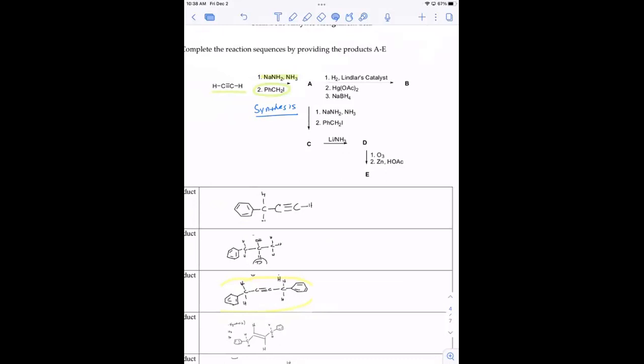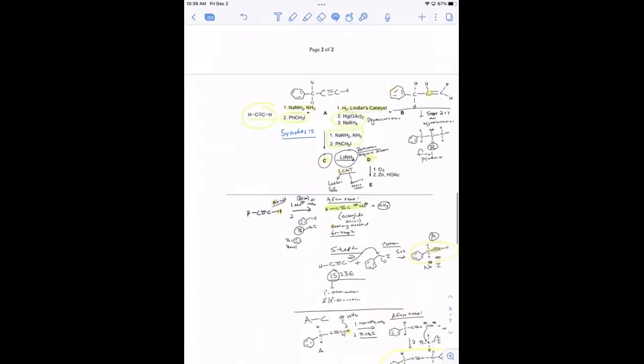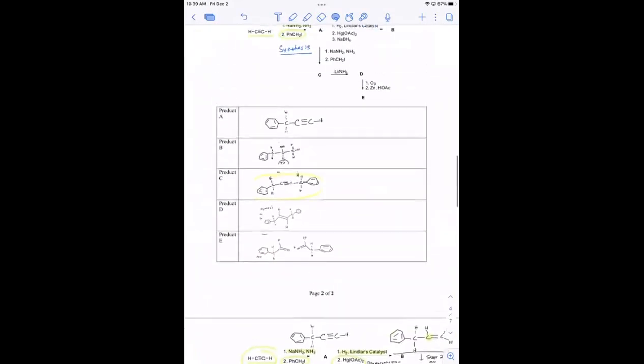You always go in with an intention. Everything is intentional, including which reactions you use to get which products. Questions about anything with alkynes? Questions about anything with alkenes?